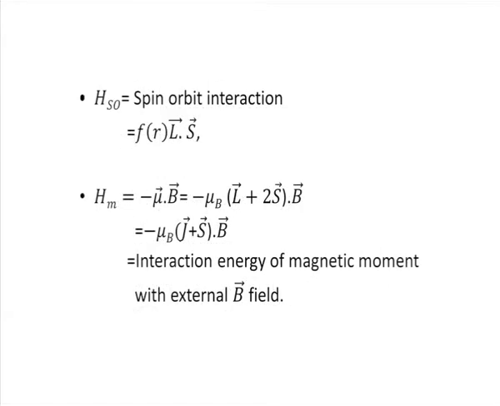Then H_SO is the spin orbit interaction, it is f(r) L dot S as I told you, and then H_m is the interaction of mu with the magnetic field.